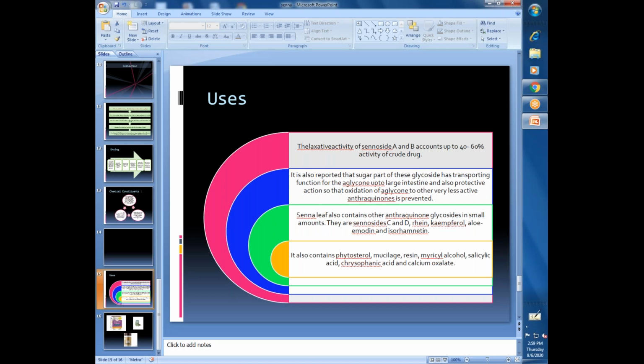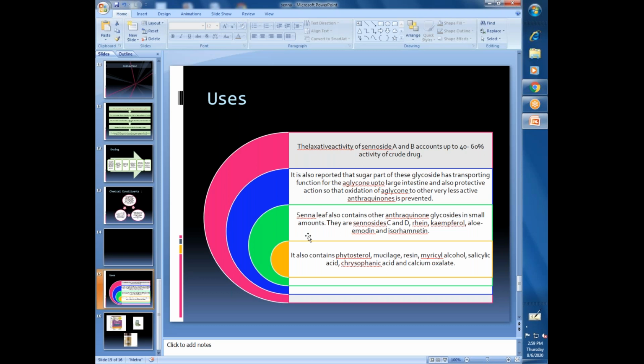Usually the action of cathartics and purgatives is in the large intestine, so that is the site of action of these laxatives. Till then they are transported by the sugar moiety.